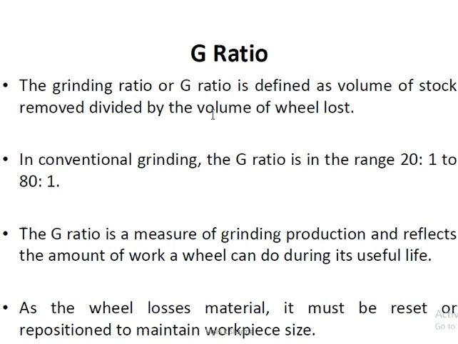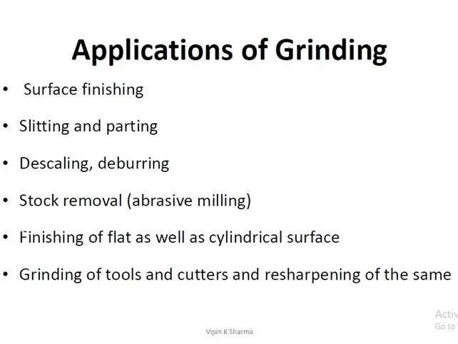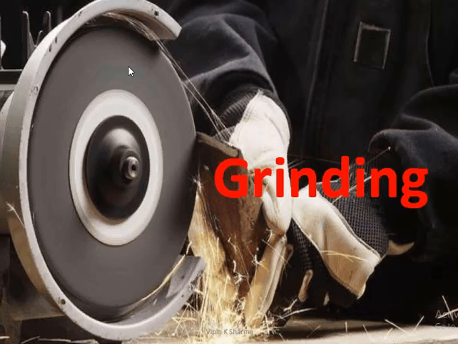So the next concept is known as G ratio. During the grinding process, during any machining process, there is a strong possibility that some of the material from the cutting tool also gets removed. Same with the grinding process.